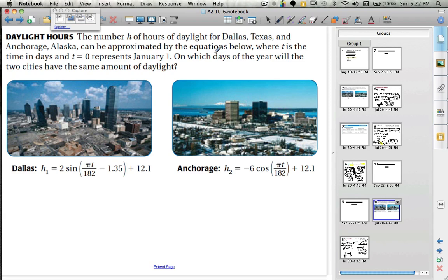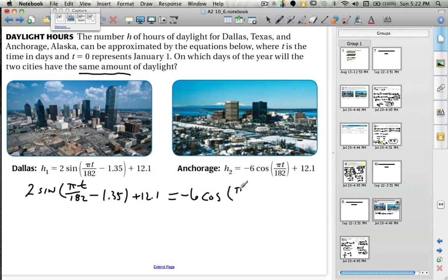Okay, so what we're looking at here is I've got this formula for the hours of daylight in Dallas and this formula for the hours of daylight in Anchorage, and we want to find out the days where they have the same amount. So I could make them equal to each other. 2 sine of pi t over 182 minus 1.35 plus 12.1 is equal to negative 6 times the cosine of pi t over 182 plus 12.1.